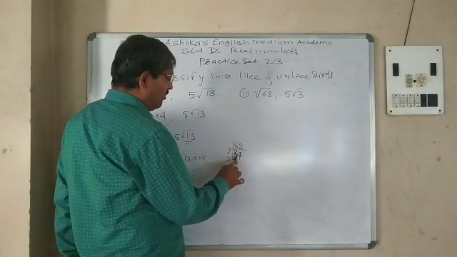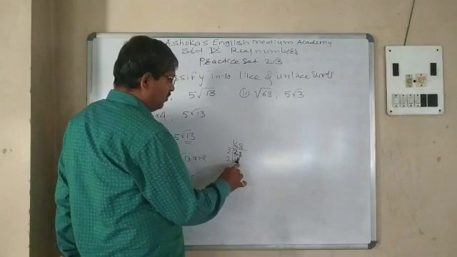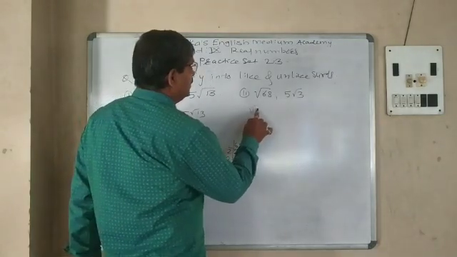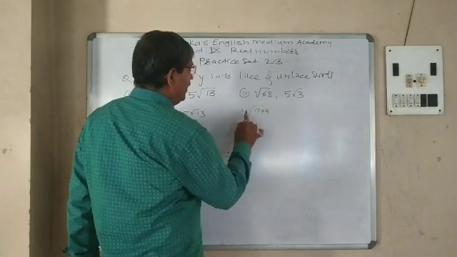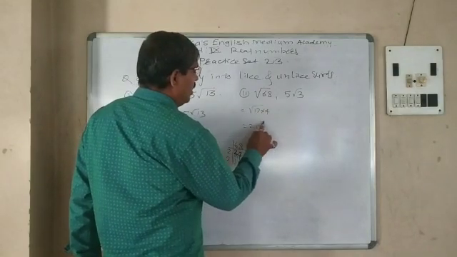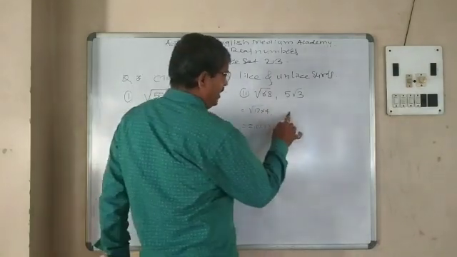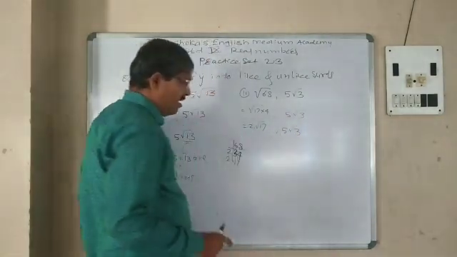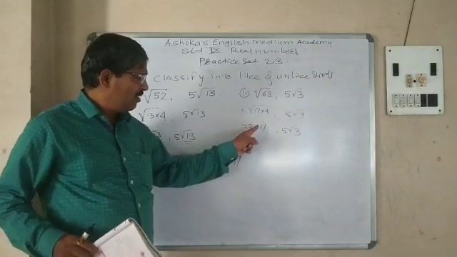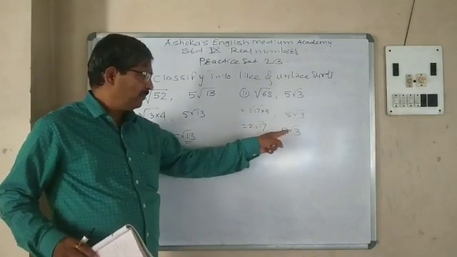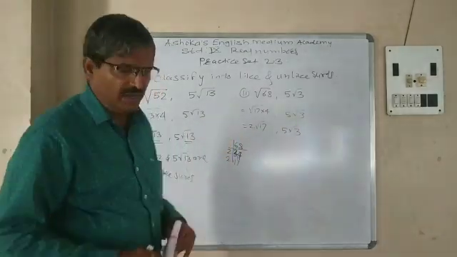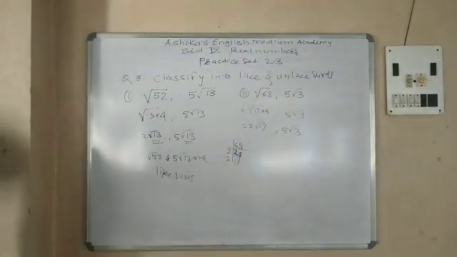Now what will come? 2 sevens are 14, so here 17 into 4, it means 2 under root 17, and here it is 5 root 3. The order of root 17 and root 3 is the same, but the radical numbers are not the same, and therefore these are unlike surds.